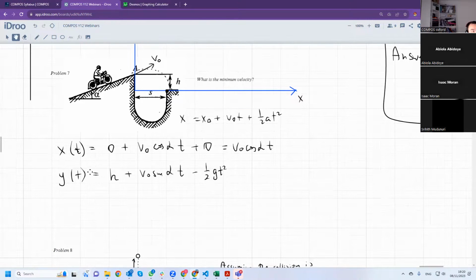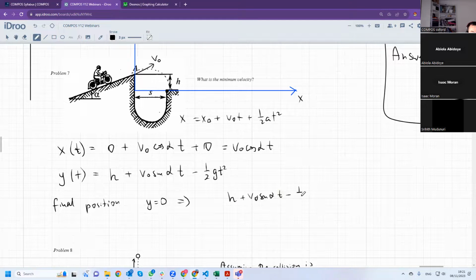And we know that the final position is at y equals 0. Therefore, we can find time. So h plus v0 sine alpha t minus 1/2 gt squared equals 0.